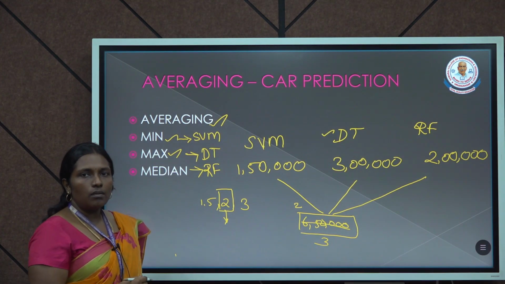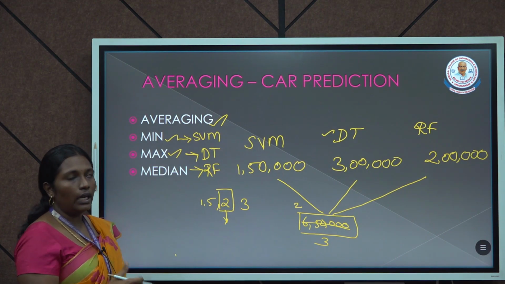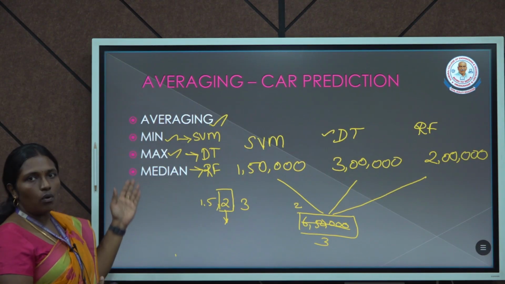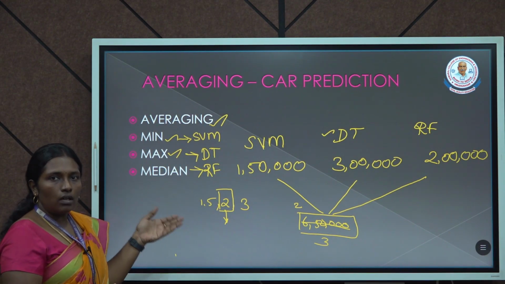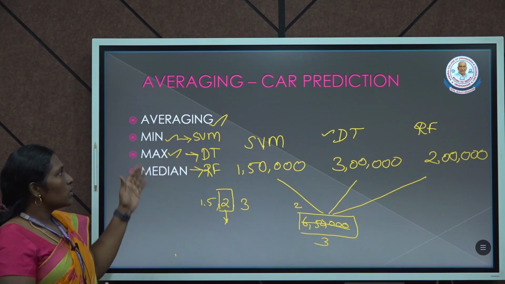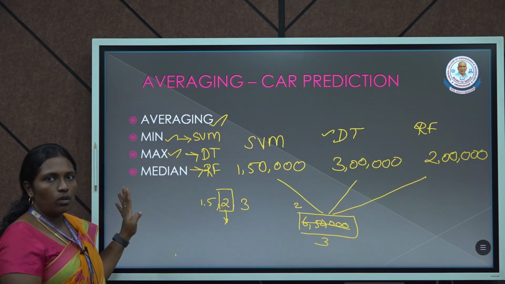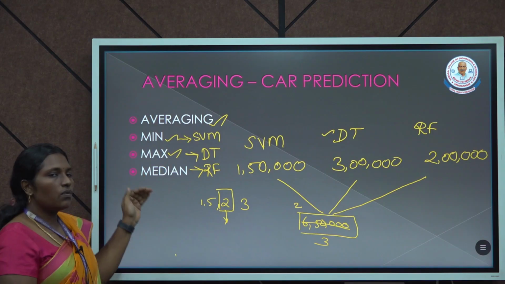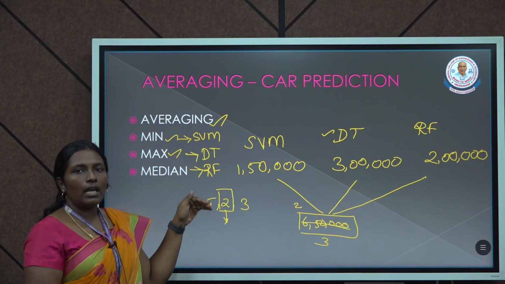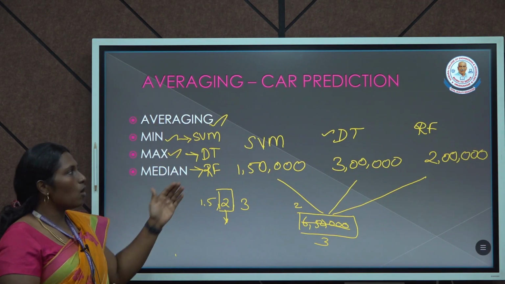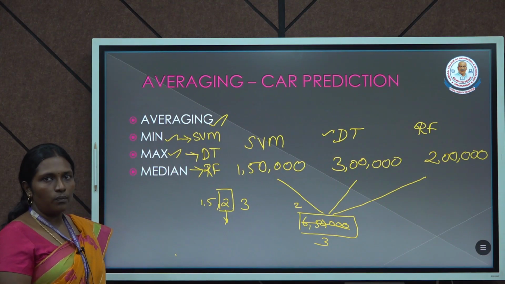So while averaging, based on the output we need, we can select any of these 4 things. We do have weighted averaging and others too. Today we will be seeing only these 4 averaging techniques. From these we can analyze what output we need and how it is predicted.